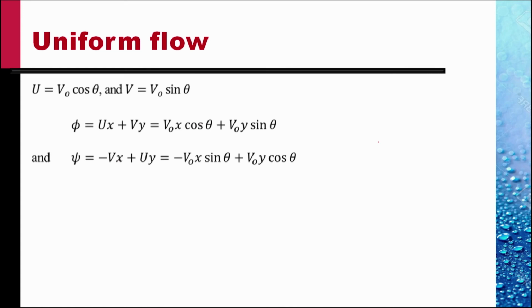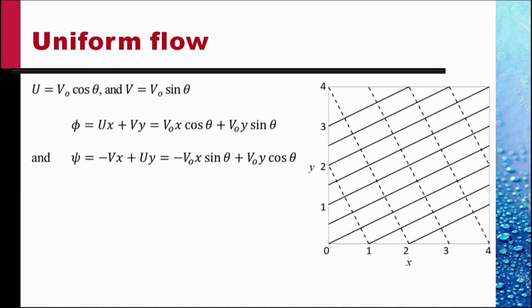Then phi, the velocity potential, is simply capital U x plus capital V y, that is V naught x cosine theta plus V naught y sine theta. And the corresponding stream function is minus V x plus U y. This is the flow net.